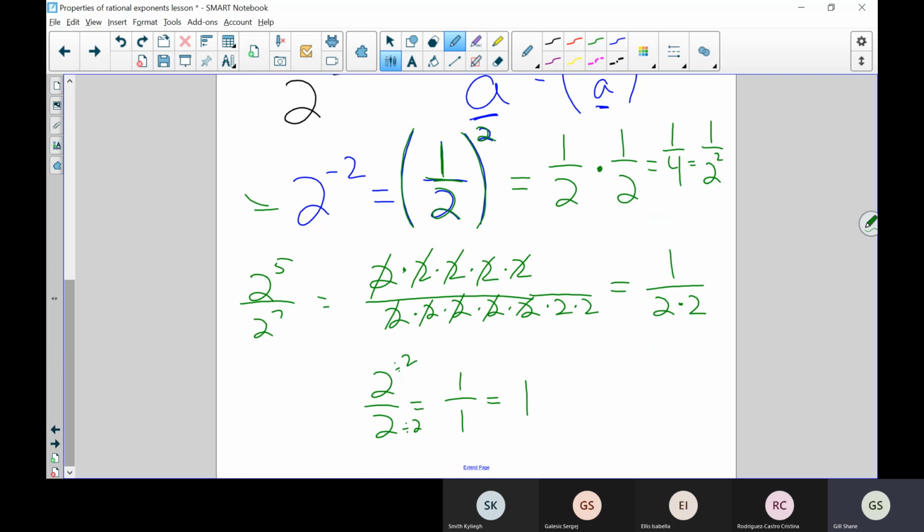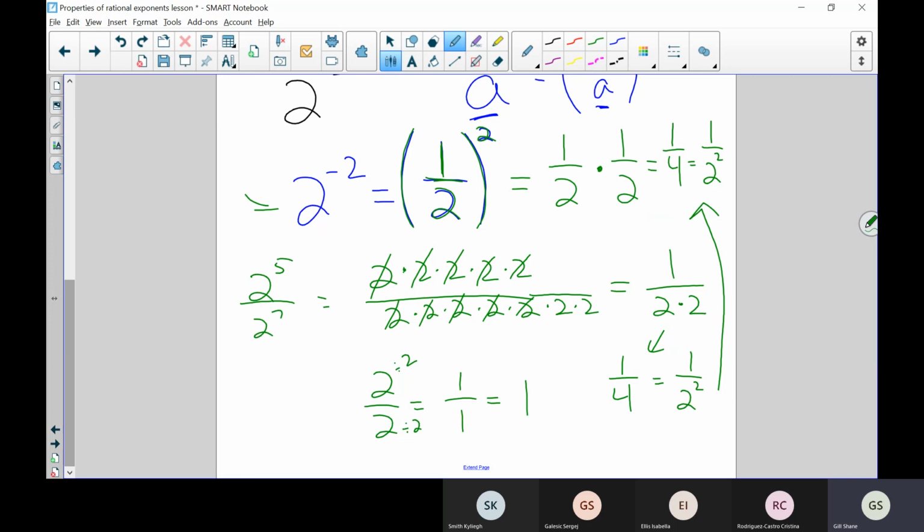So if you'll notice, we got 1 over 2 times 2. I'm going to bring it down to there. So 1 over 2 times 2 is either 1/4 or 1/2 squared, just like we got up here. So I didn't have to use the quotient rule to still get the same answer. I just had to understand what 2 raised to the 5th is and what 2 raised to the 7th is.